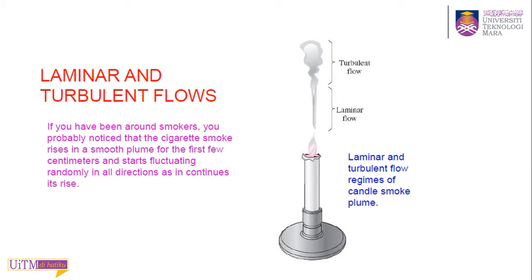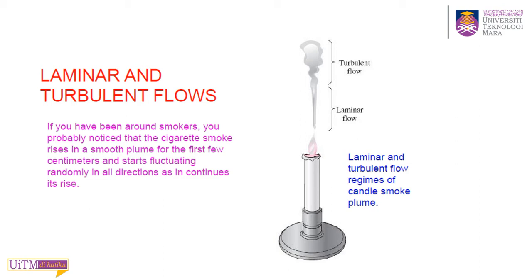So that's the example of how you can differentiate laminar and turbulent. The first smooth region that comes up from their mouth, that's the laminar flow. After that, it changes to the fluctuating, and that is the turbulent flow. If we can imagine that. So don't smoke.